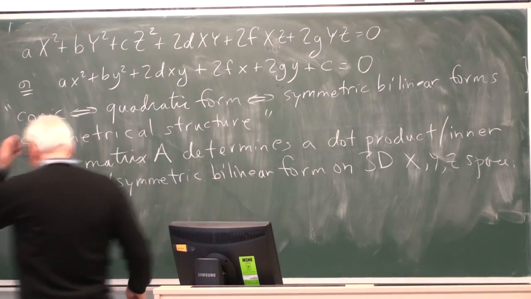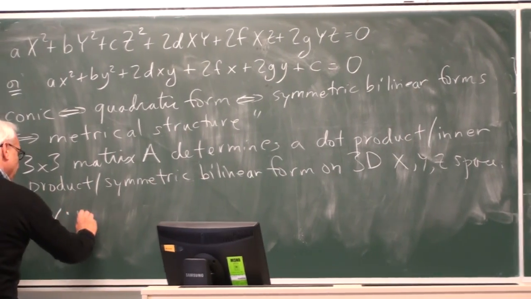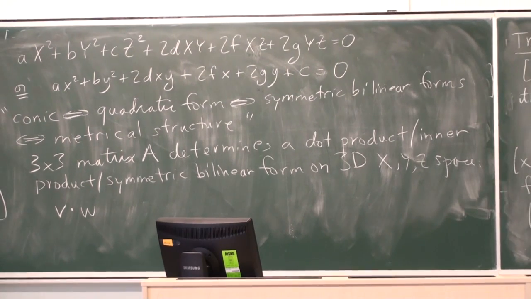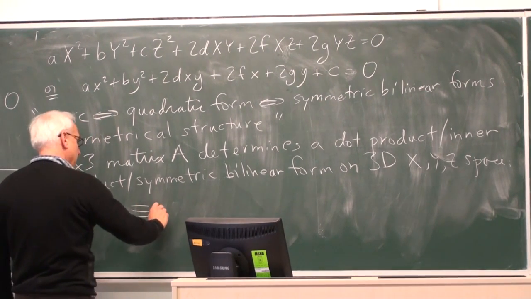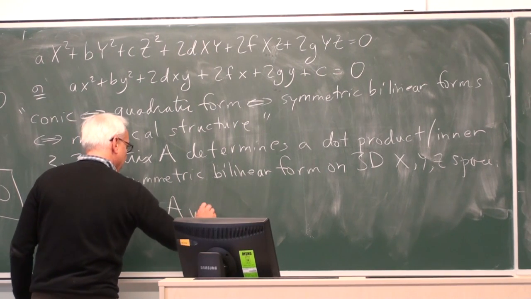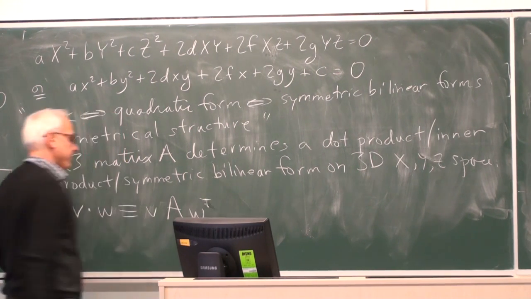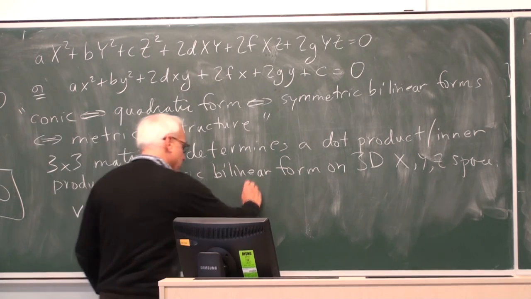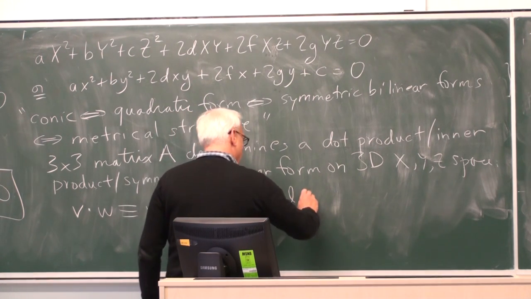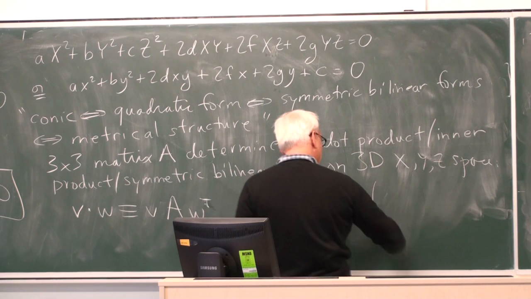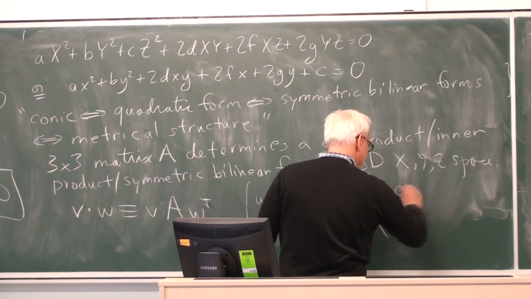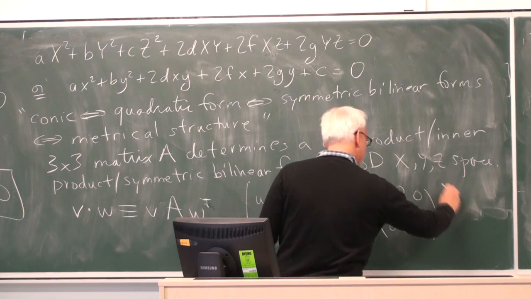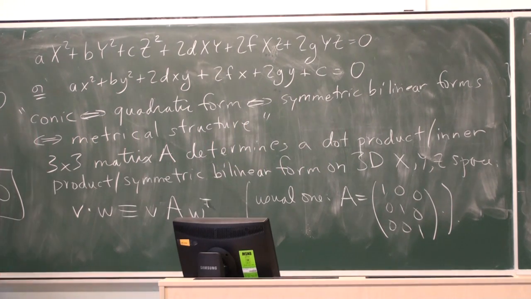And that is just by defining the dot product between two vectors to be v times A times w transpose, where all our vectors are, as usual, row vectors. So the usual dot product is the special case when the matrix A happens to be the identity matrix. But there are lots of other interesting ones.